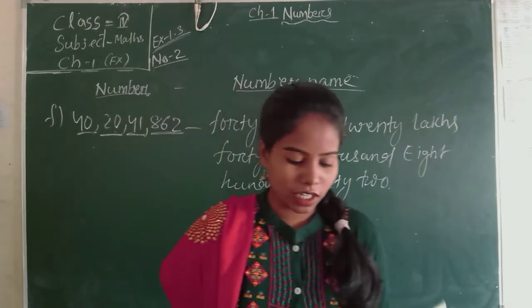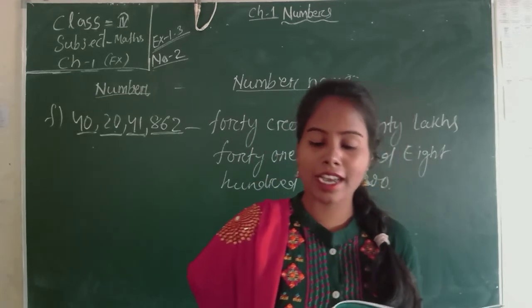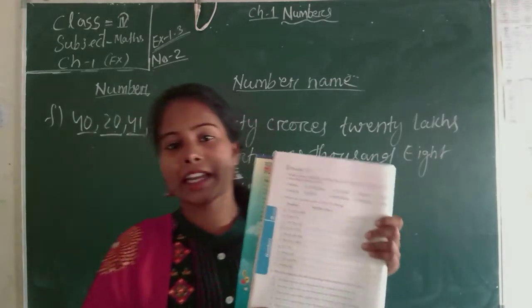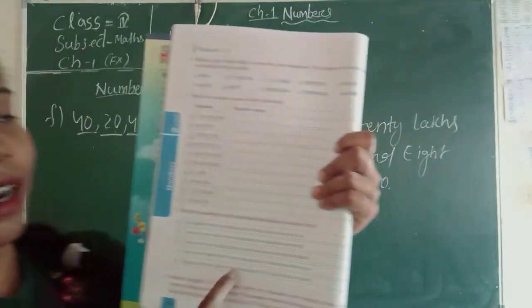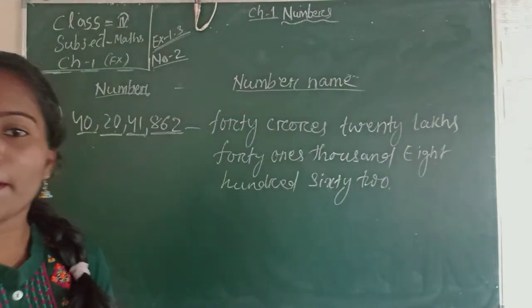Here number 3 is: write the number for the following with commas in the correct place. Here the number name is already given, but you have to write the numerals for this number name and put commas according to their period.